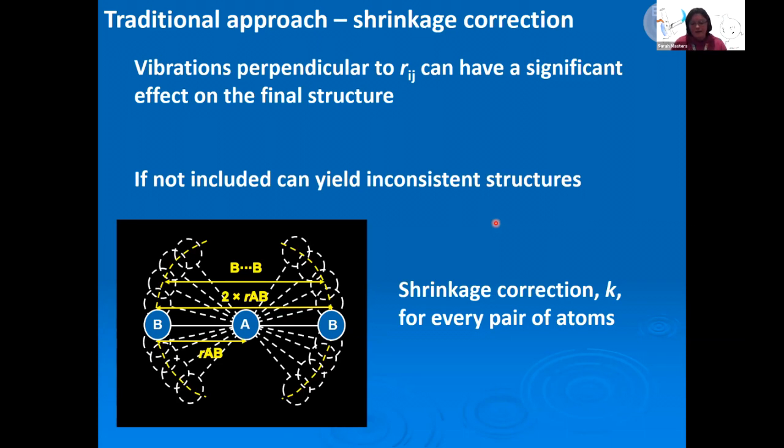This is what we call a shrinkage correction approach. Every pair of atoms in our molecule will have a shrinkage correction associated with it. I've given an example in our diagram here. This could be something like carbon dioxide, for example, and we all know that carbon dioxide is a linear molecule.